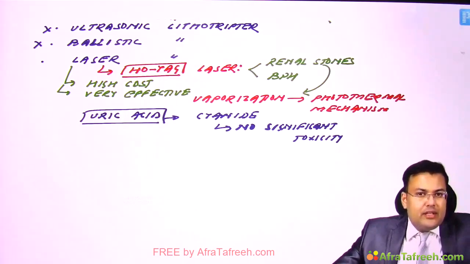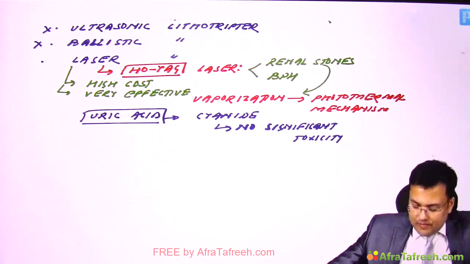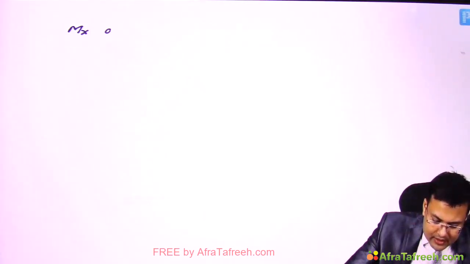Okay, so in detail we are going to discuss how we are going to manage the renal stones and ureteric stones. First, have a look at management of renal stones. Okay, so first question, suppose the size of renal stone is up to 2 centimeter.